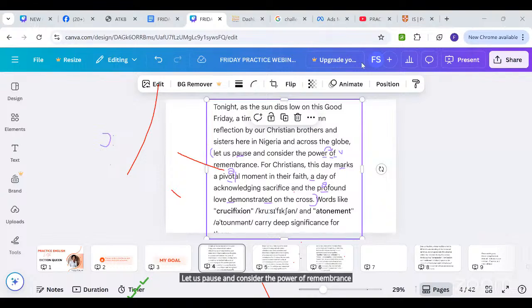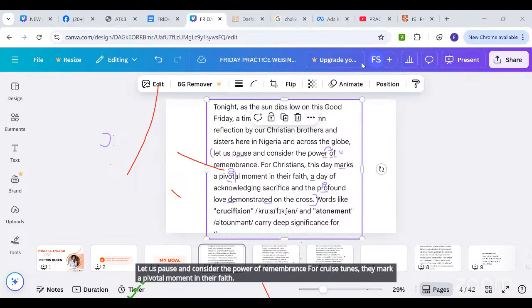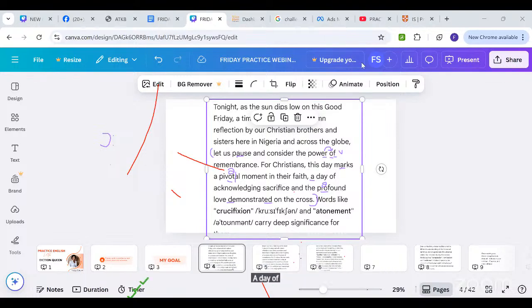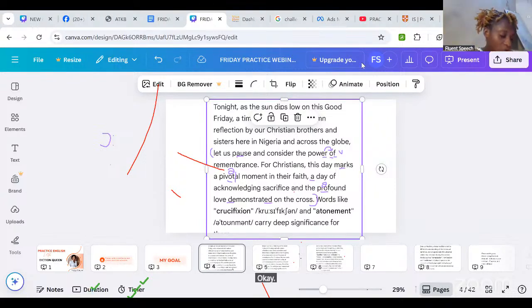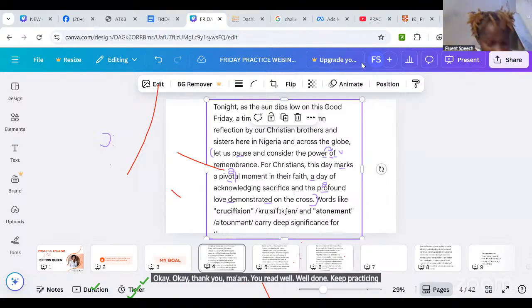For Christians, this day marks a pivotal moment in their faith, a day of acknowledging sacrifice and the profound love demonstrated on the cross. Thank you. Okay, thank you, ma'am. You read well. Well done. Keep practicing as well so you can keep doing better.